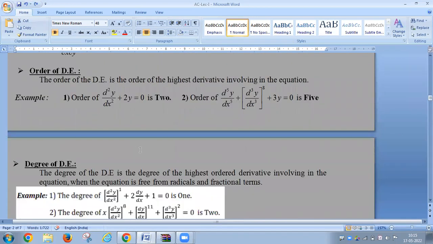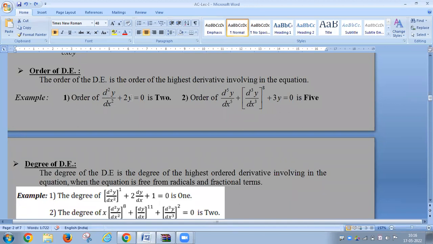Next, order of a differential equation. The order of a differential equation is the order of the highest derivative involved in the differential equation. For example, let us consider this equation: d square y by dx square plus 2y equal to 0.